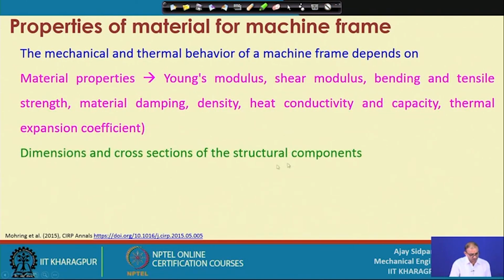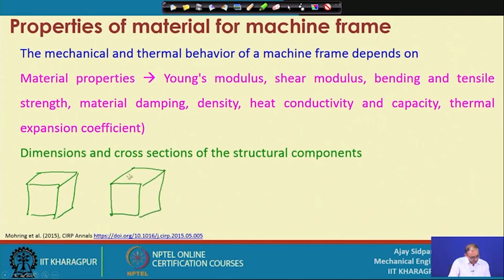So, dimensioning of the cross section of the structural component is also important. How you make this particular thing matters: suppose you are making a solid component, and you are making the same component but as a box type of structure.